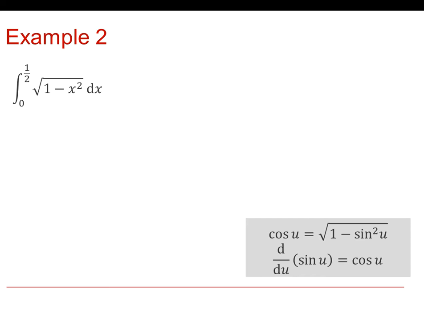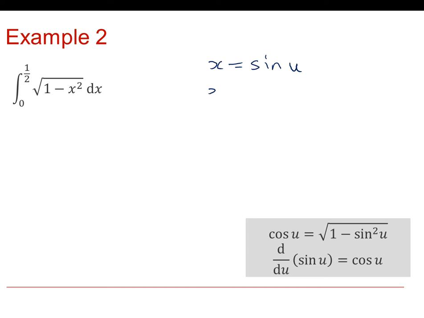In this next example, we notice that the square root of 1 minus x squared is in the integral. Hence again we'll try x equals sine u as a substitution to see if we can then integrate. Note it's a definite integral, there are limits, so when we swap in the u for the x terms, we do need to change those limits as well.